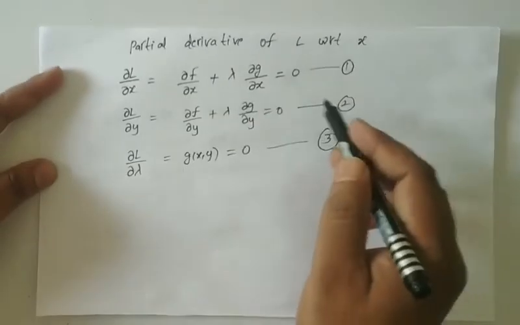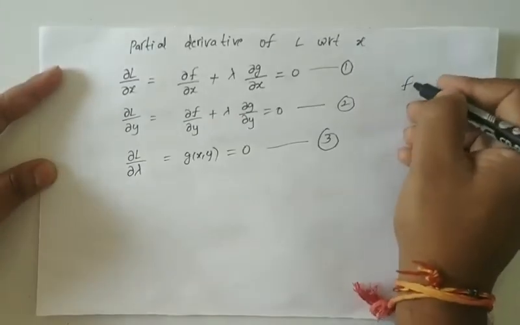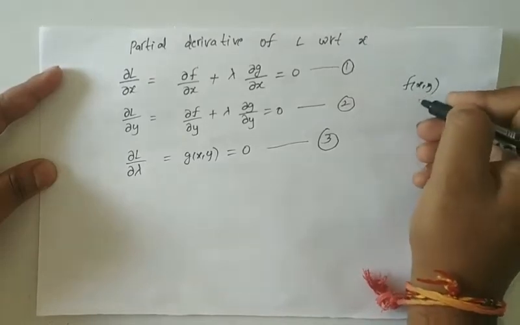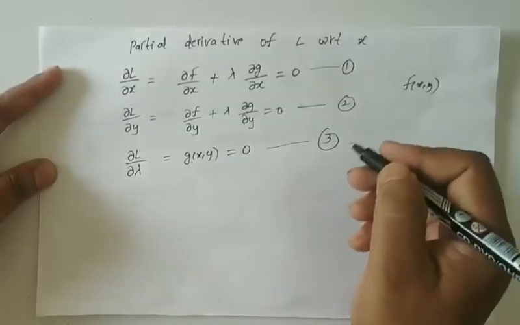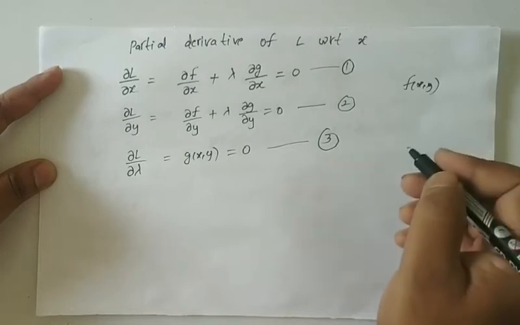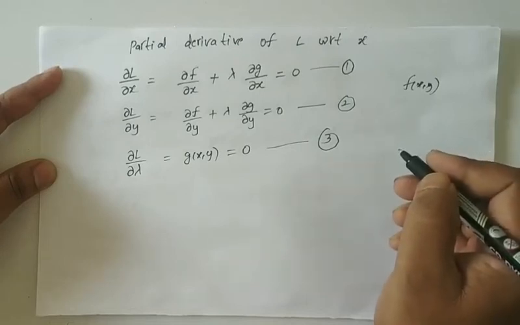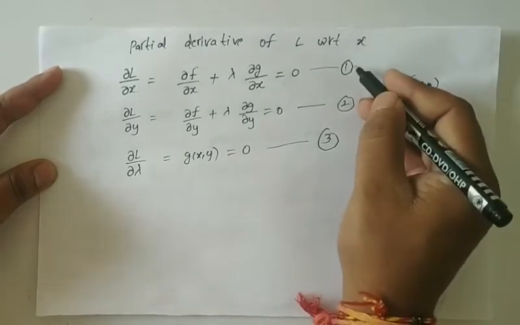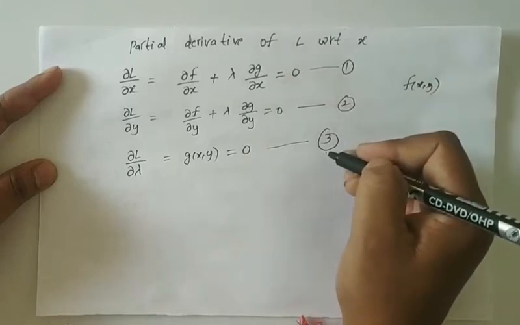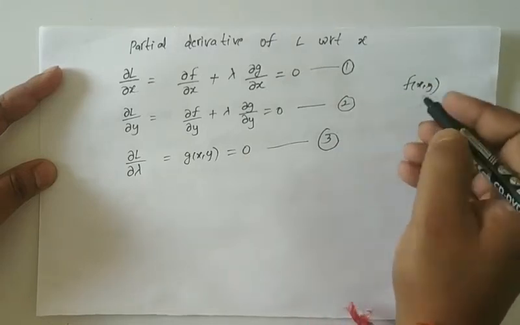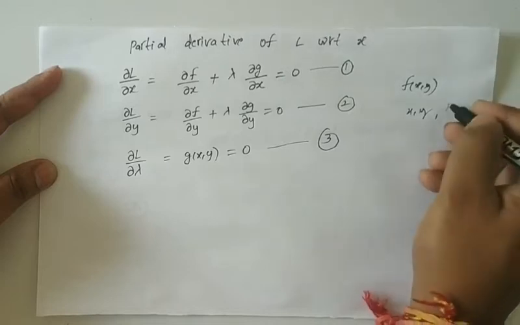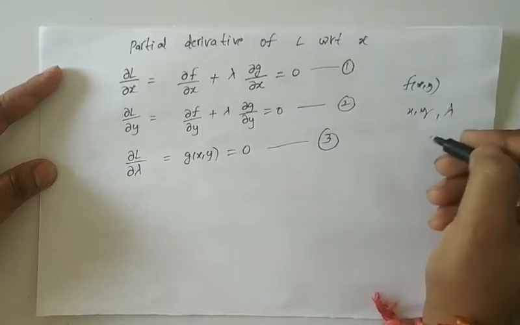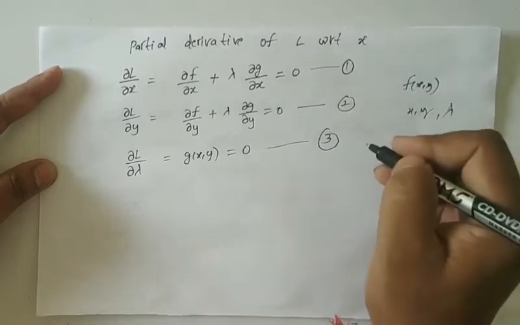Next we have to evaluate f of x comma y at each set of values to determine the maximum and minimum values, where the maximum and minimum occur.